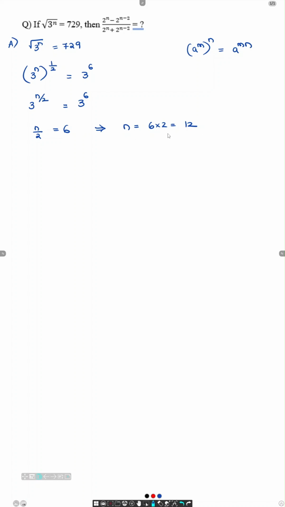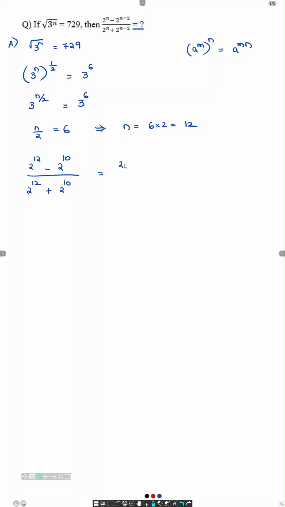Now, once I got the n value as 12, I'll substitute it in the given expression, which is (2 power 12 minus 2 power n minus 2, that is 10) by (2 power 12 plus 2 power 10). In the numerator, 2 power 12 minus 2 power 10 is given.